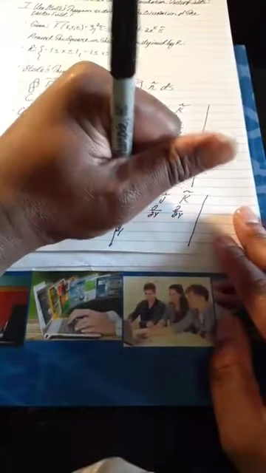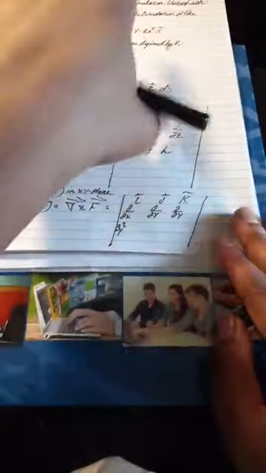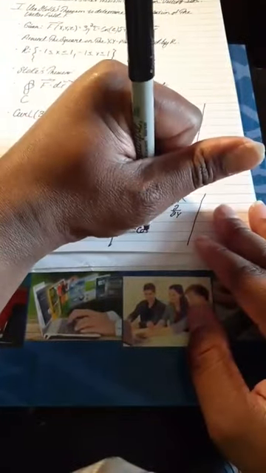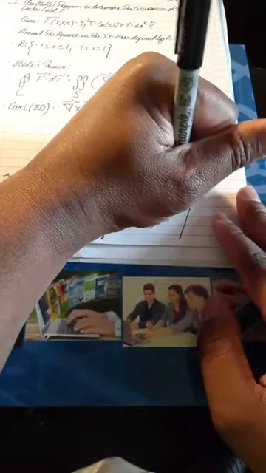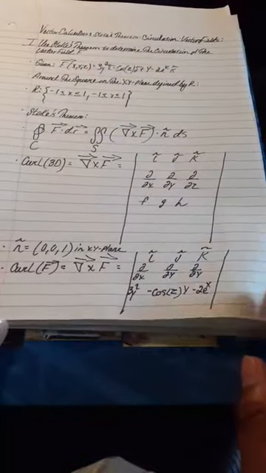This would be 3y squared. This would be minus cosine of z. Pay attention to sign changes too. And then this would be y minus 2e to the x. And then we just find the curl. So let's go get another sheet and do this.